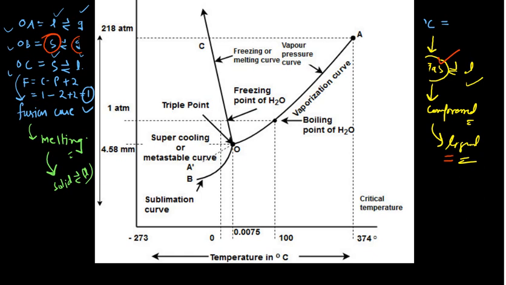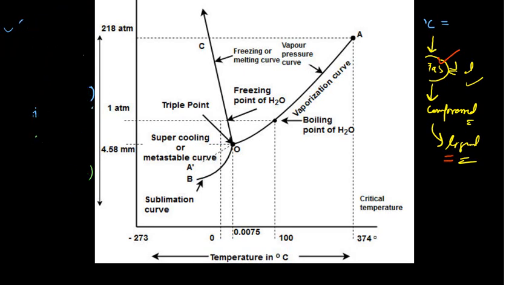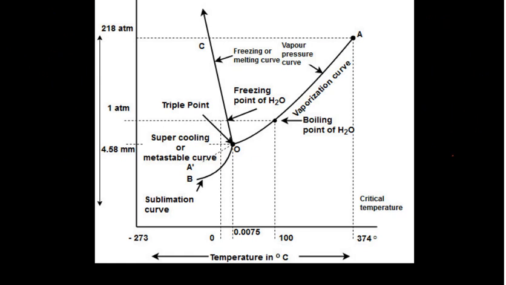Now, you can observe here this dashed line, which is the curve OA dash. Now, I am going to explain this curve OA dash. To explain it, I need some space, so I am removing all these things.